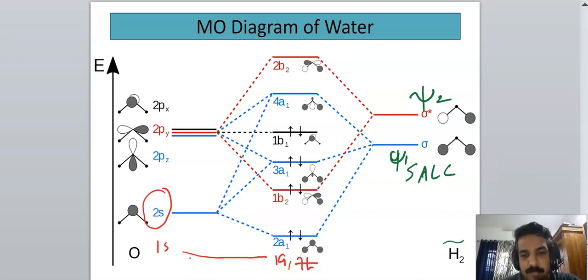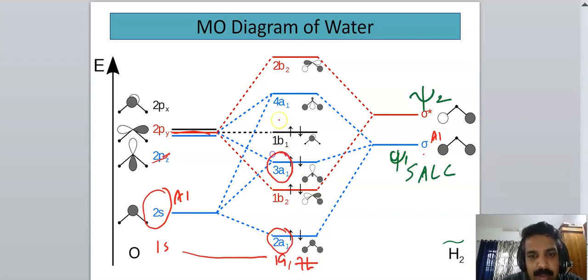1A1, that is non-bonded. And this 2s orbital, having A1 symmetry, combines with Psi1 sigma, that is also A1 symmetry. And this 2pz, the red line is 2pz, also has A1 symmetry. So these 3 combine. The 2pz, 2s and this Psi1 combine to form 3 orbitals, 2A1, 3A1 and 4A1, that is here.